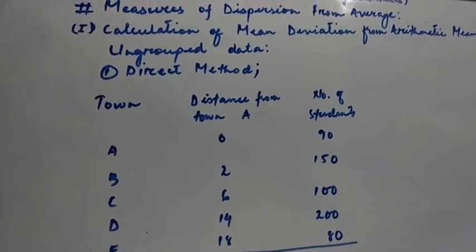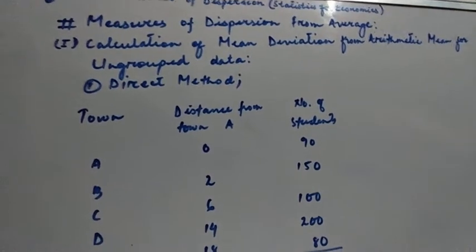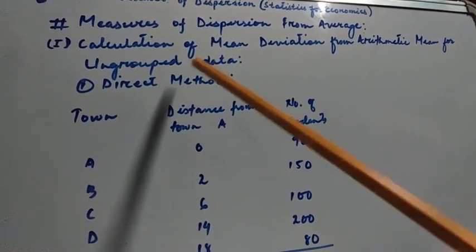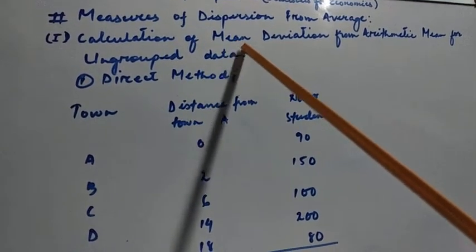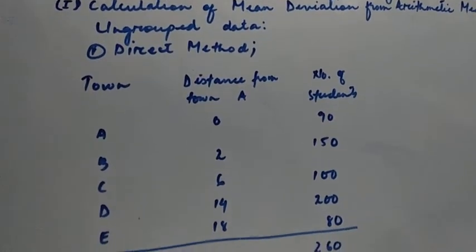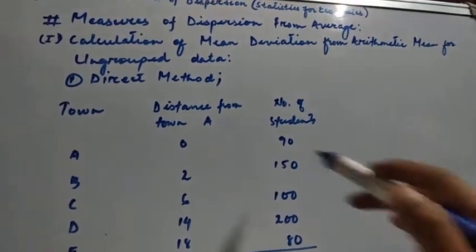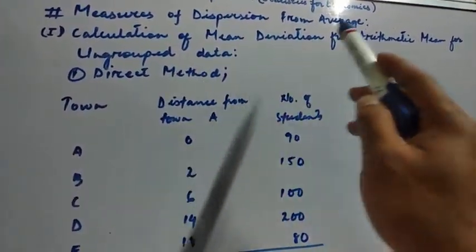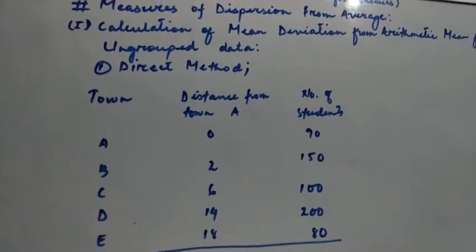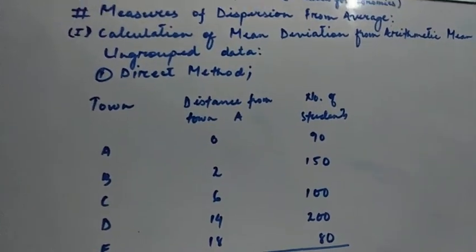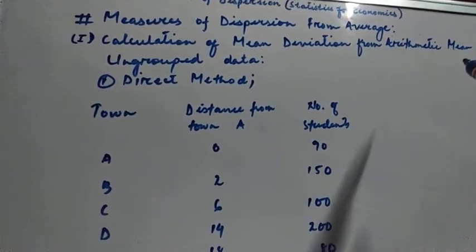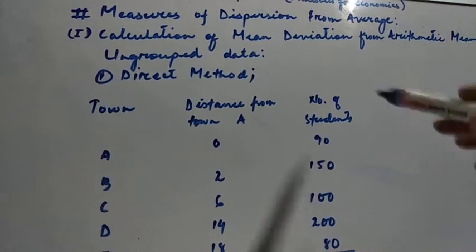But firstly, let us discuss the direct method for calculating mean deviation from arithmetic mean for ungrouped data. Again, let me repeat, first it is mean deviation from arithmetic mean for ungrouped data, and secondly, mean deviation from the median.